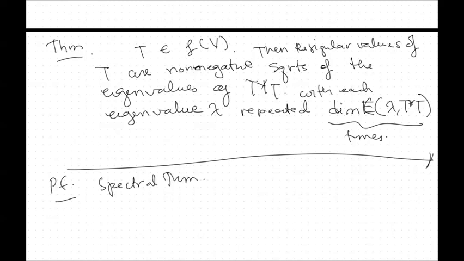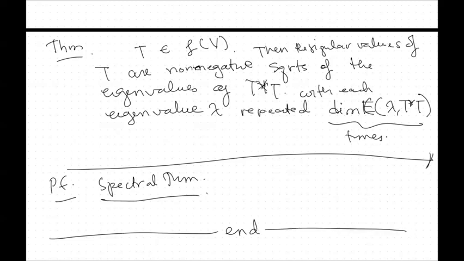Using the spectral theorem, we get an orthonormal basis and non-negative lambda, and then we can easily see that taking the square root will give us the implied result. So I think we will end here, and you can check this in the exercise.